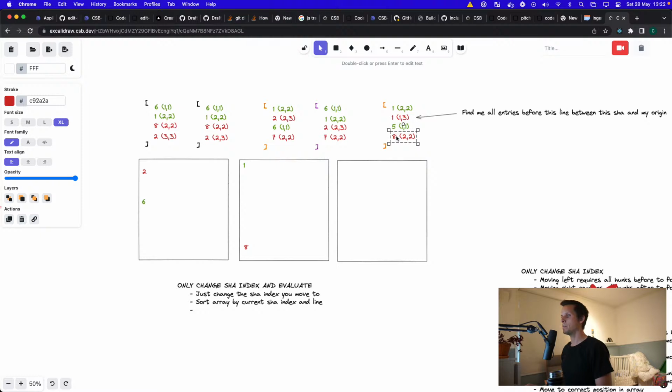We want this to become 7 again, but our current logic doesn't transpose beyond its SHA. So even with the imaginative logic, it wouldn't actually touch this one, but it should.